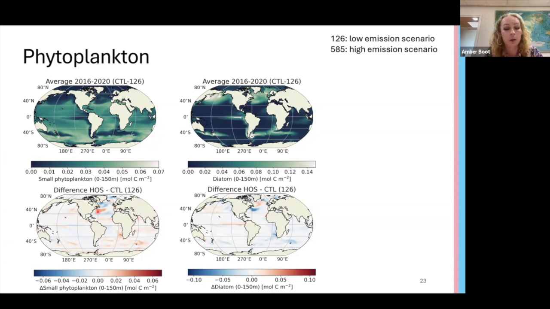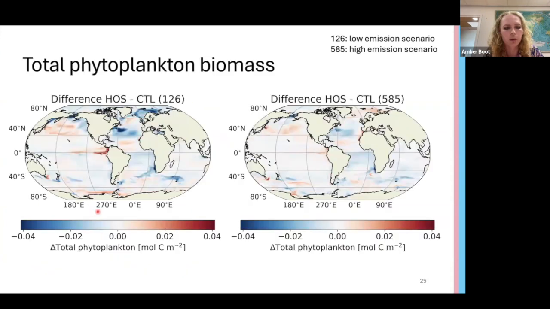And that is an important variable. So that is all phytoplankton groups summed together, and then the response to an AMOC weakening. And we get, I would say, the same patchy response of increases, for example, here in the North Pacific and the Equatorial Pacific, but we also see strong decreases in the Atlantic, here in the Arctic, which, by the way, like I said earlier, is not the case in the high emission scenario.